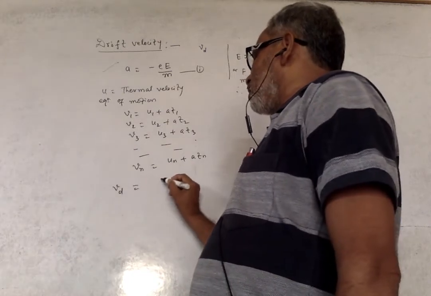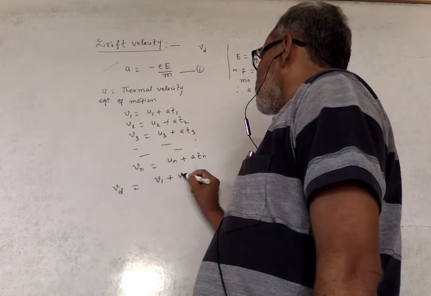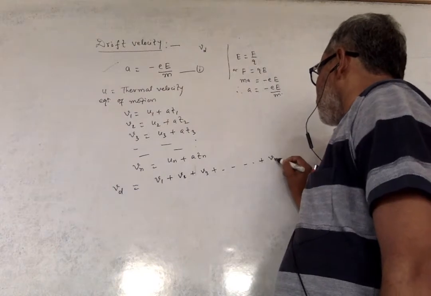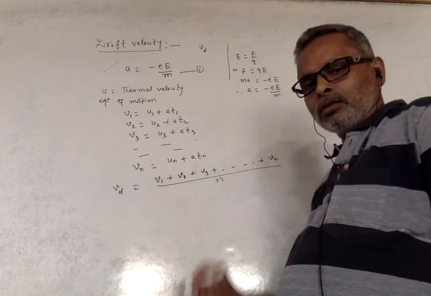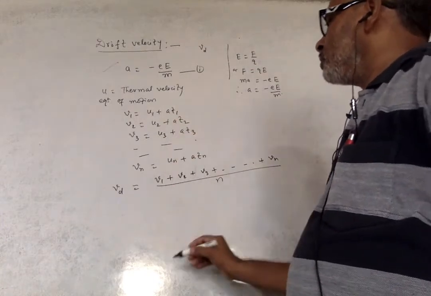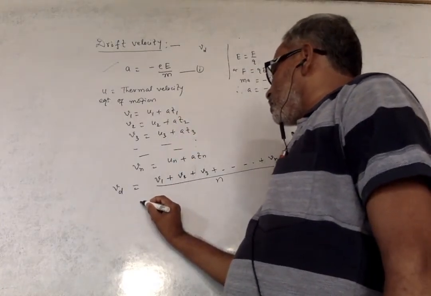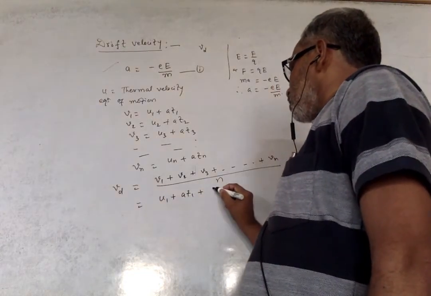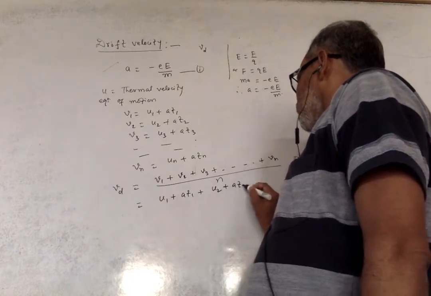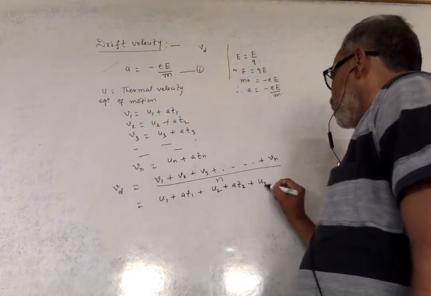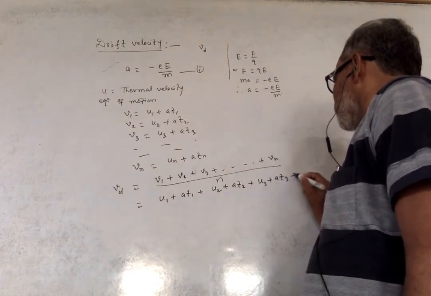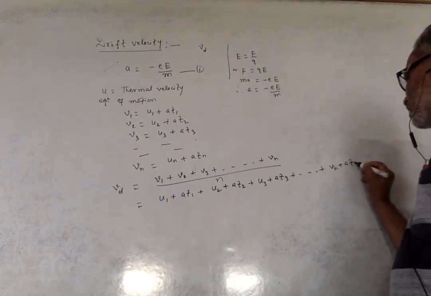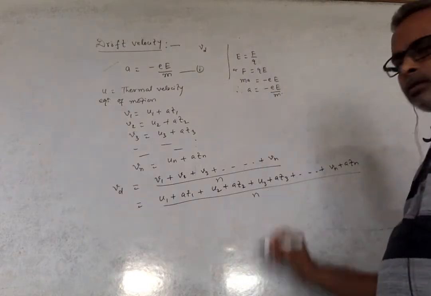Drift velocity Vd equal to V1 plus V2 plus V3 plus up to Vn by n. Now putting the values of V1, V2, V3: u1 plus a t1, u2 plus a t2, u3 plus a t3, up to un plus a tn, by n.